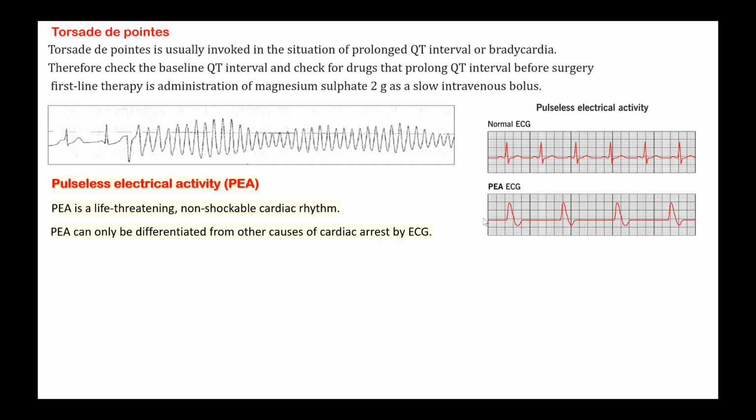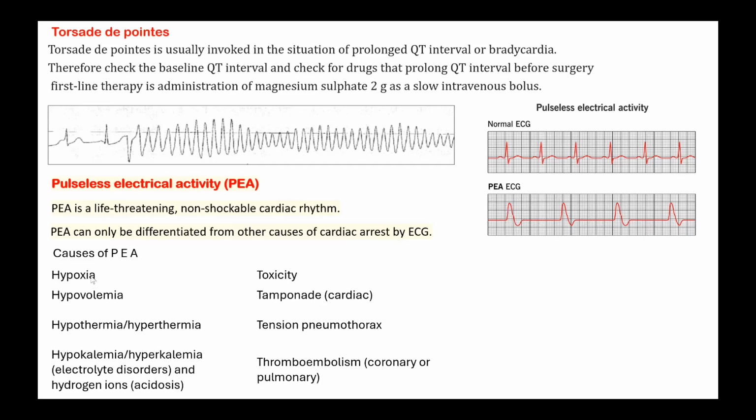But when you palpate, you don't get any pulse in the carotids or femoral or any major vessel, and you don't get a heart sound either. That is how PEA is identified, and the causes are commonly hypoxemia, hypovolemia, hypothermia, and toxicity, tamponade, tension pneumothorax, thromboembolism.